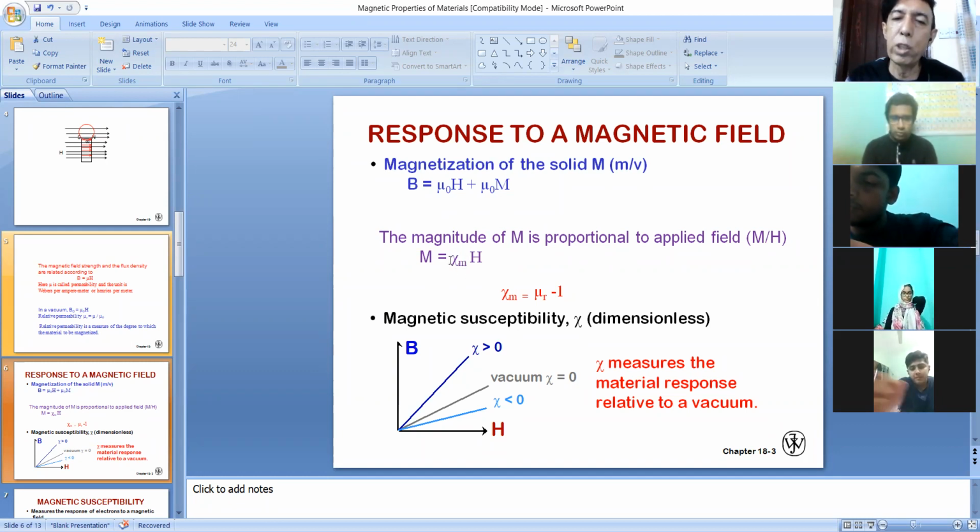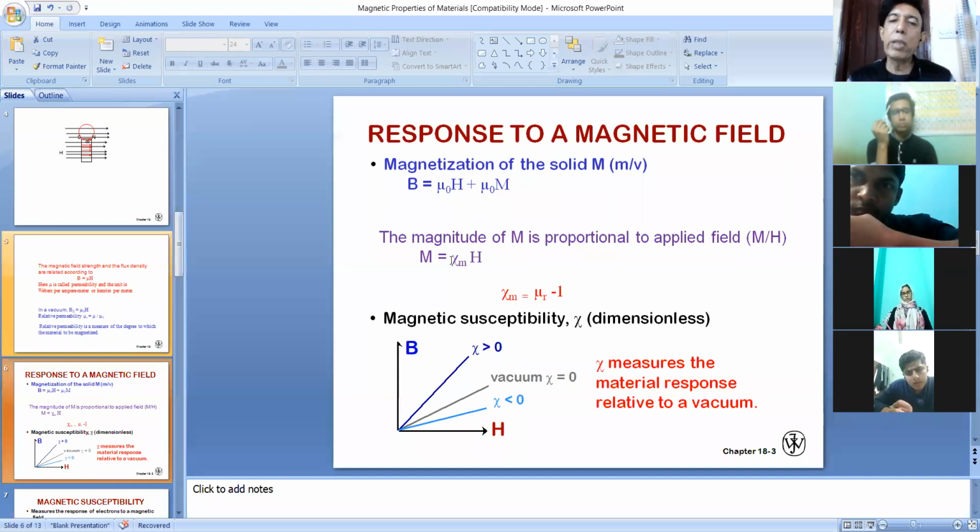Chi M is a constant which is called magnetic susceptibility. It has no dimension. This chi M is related to mu r by the equation chi M is equal to mu r minus 1.